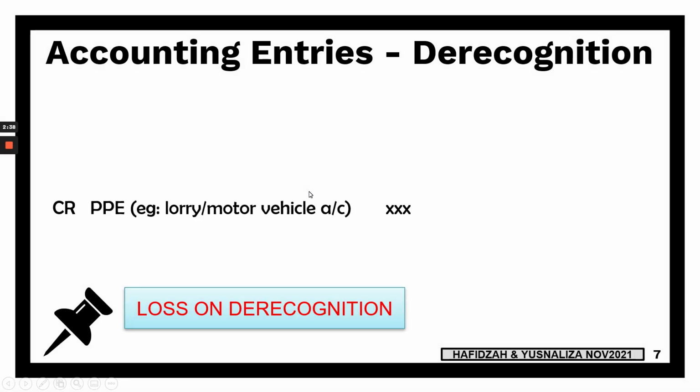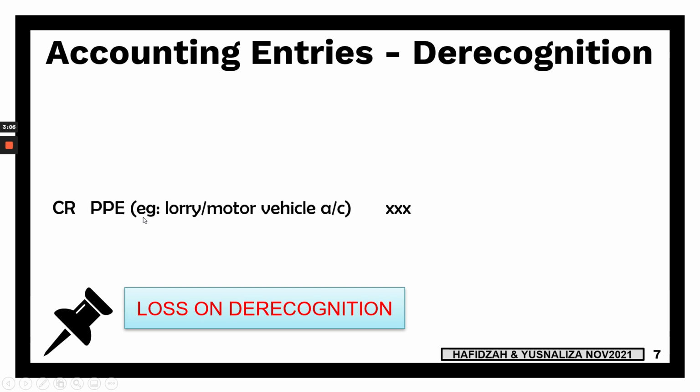So let's look at the accounting entries that will be involved in accounting for derecognition. Derecognition normally involves disposal or sale of some of the items of PPE, and this disposal may involve a loss on derecognition or a gain on derecognition. First, the accounting entries for derecognition at a loss.